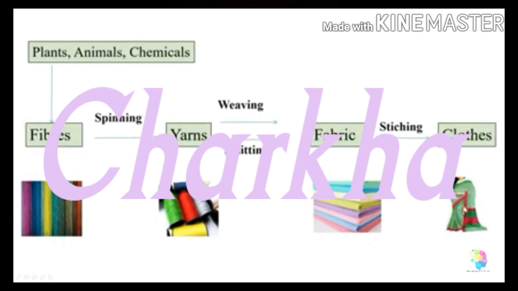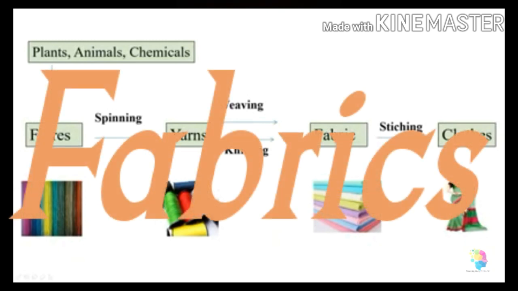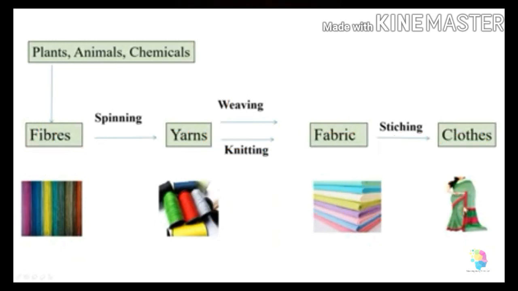He encouraged people to wear clothes made of homespun yarn, that is khadi. Spinning of yarn on a large scale is done with the help of spinning machines. Nowadays we have a lot of developed machines, so we now make yarn with the help of machines.